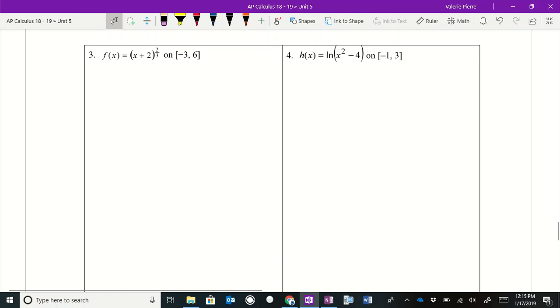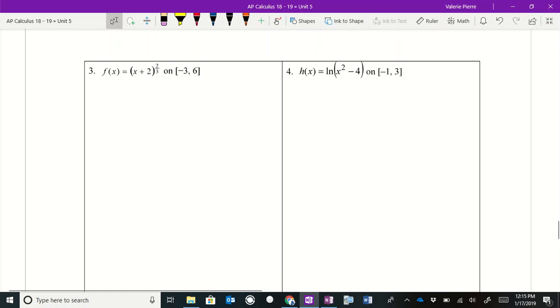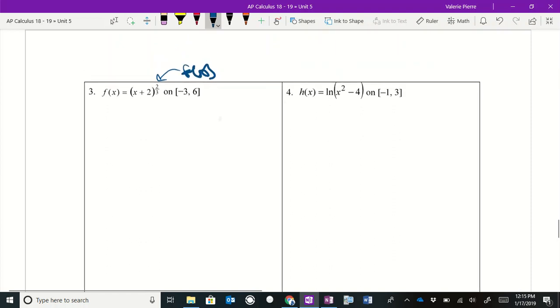If I were to rewrite this function, f of x is equal to the cubed root of (x plus 2) squared.